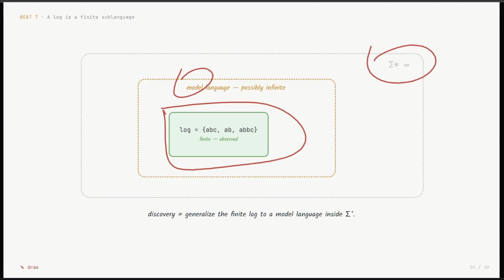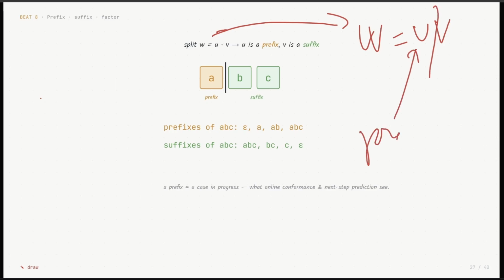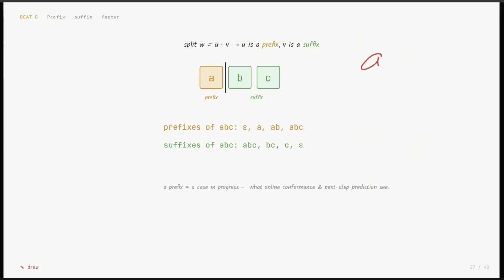Because in a way, you need to think of a log as a multiset. So here we introduce the notion of prefix and suffix. We have the example of W. So let's say we have W, and you can split it in UV. You can take this part, call it prefix, and this part will be suffix. For example, ABC: A is prefix, BC will be suffix.